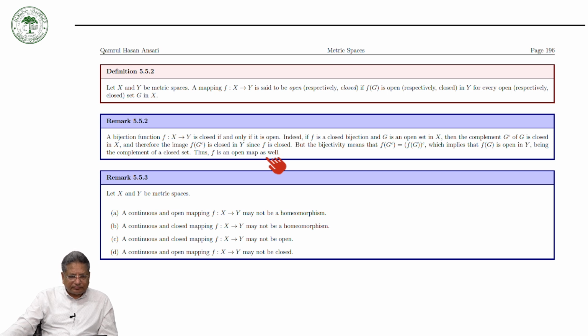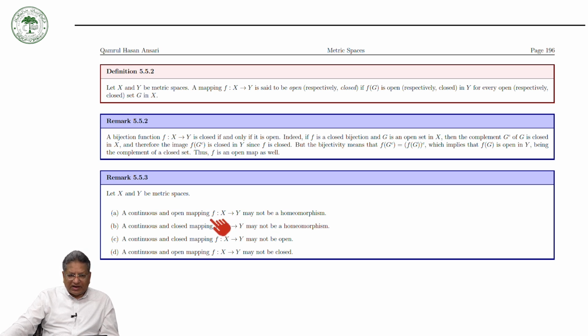Now we have the remark which says that if X and Y are metric spaces, then a continuous and open mapping may not be a homeomorphism. Of course, if it is a homeomorphism, then it is continuous and the image of an open set is open, so it is open.